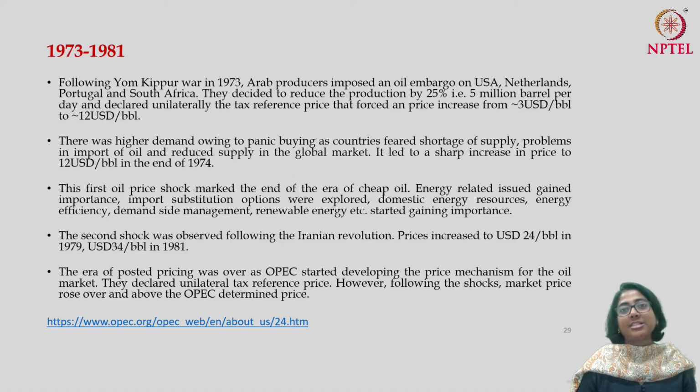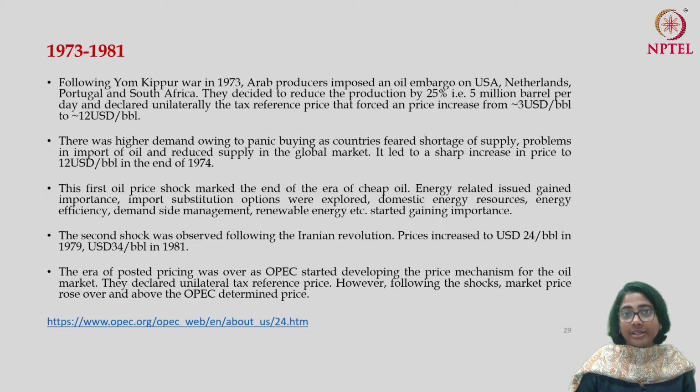As a result, there was a second shoot up in price, and towards the end of 1979 it hit the mark of 24 US dollars per barrel, which was very, very high. You can imagine that it was 3 US dollars per barrel in 1973. Within a period of 5-6 years, it becomes 24 US dollars per barrel.